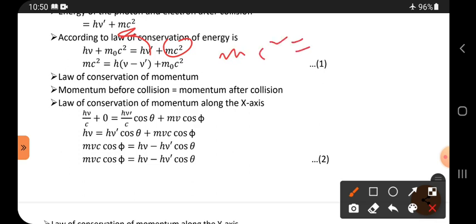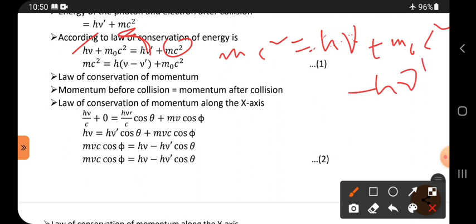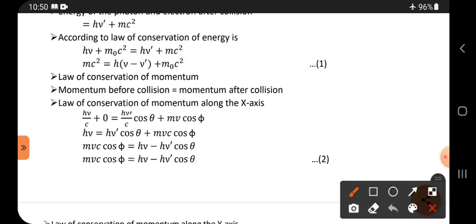On this side we already have h nu plus m naught c square, and if you bring h nu dash over, it becomes h nu minus h nu dash. Here h is common, so h into nu minus nu dash, plus m naught c square. So mc square equals this. This is the formula.